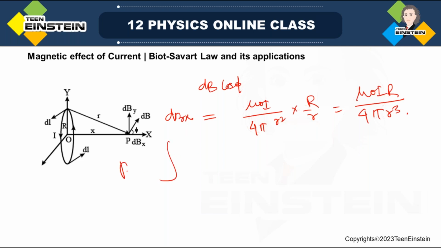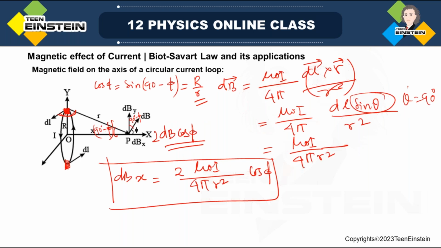Now if we want to calculate the total magnetic field due to this ring, integration of dBx is equal to, I think the dl term was there, which I have missed already.